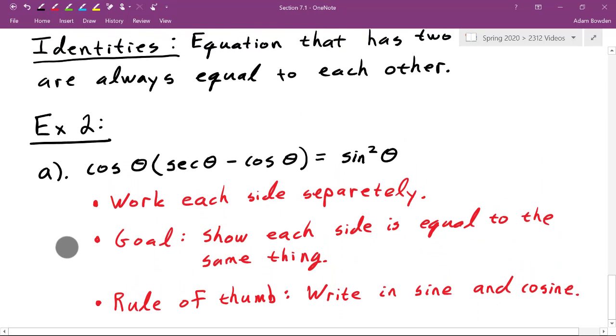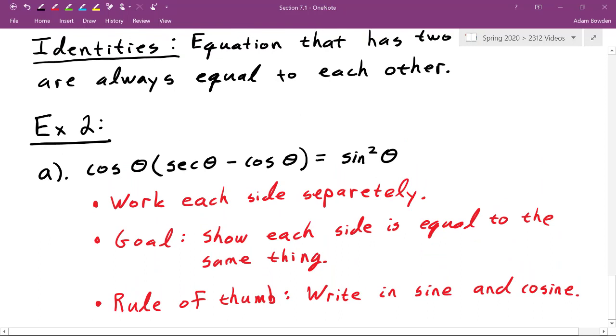If you need to take note of anything I have here, you can always pause the video, and when I come back, I'll go ahead and start working on this one. So the idea, working each side separately, let's label this LHS, which stands for left-hand side, and let's call this RHS for right-hand side.